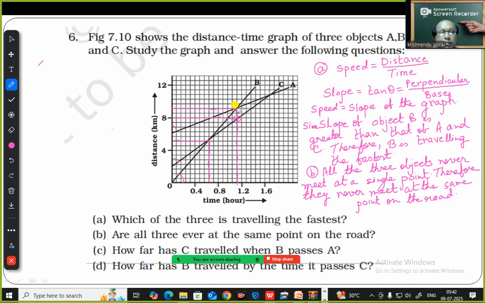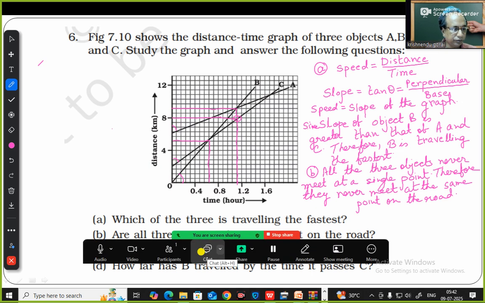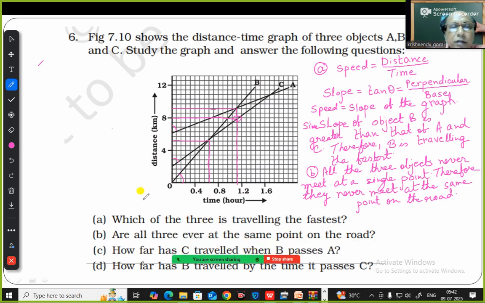How far has C traveled when B passes A? When B passes A at this point, the value of C is this one, that is 8 kilometers from the origin.